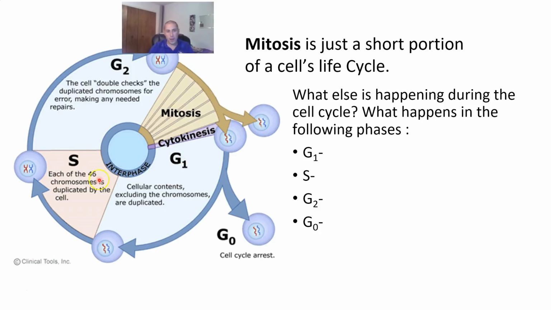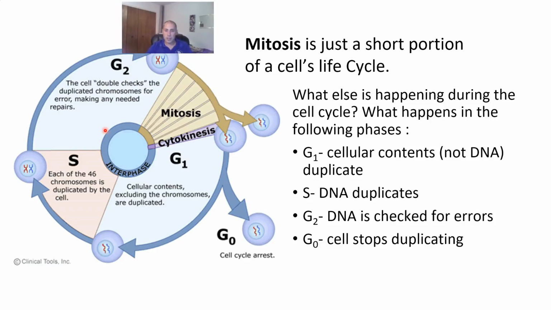Now within interphase, there's some growing that happens, and then there's also preparation for copying. So in G1, things are getting bigger, you're making copies of your organelles, you're doing the normal functions of that cell. That's where most of the cell's life is spent, in that G1 phase.